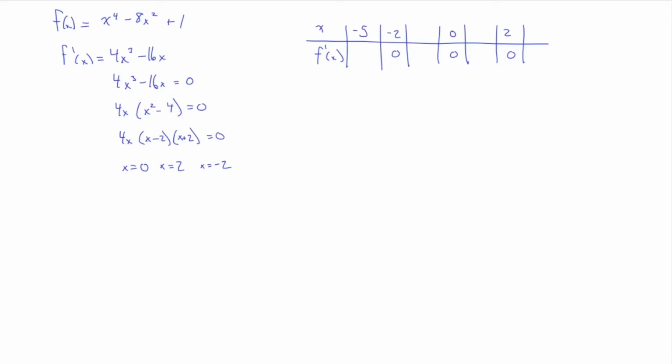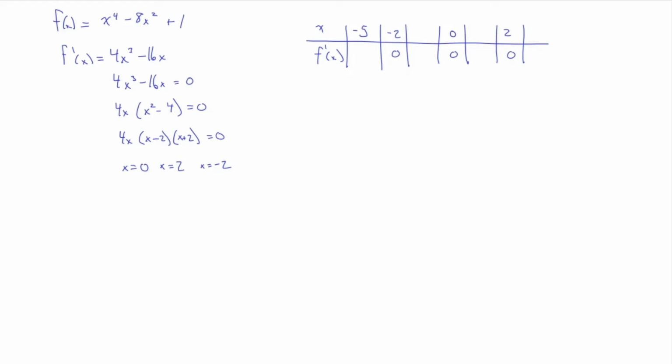And so if the derivative is, say, positive at negative 5, then it can't possibly be negative at some other point to the left of negative 2, because if it was positive at one point to the left of negative 2 and negative at some other point to the left of negative 2, it would have to be 0 somewhere in between those points by the intermediate value theorem. And it's not. We've already found all the places where the derivative is 0. It's only at these three values, negative 2, 0, and 2.